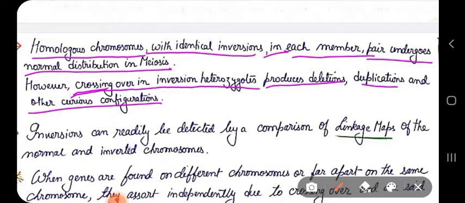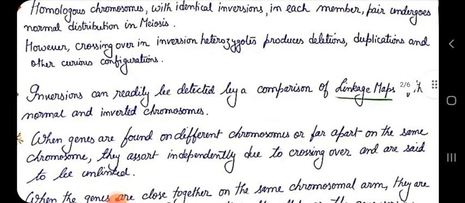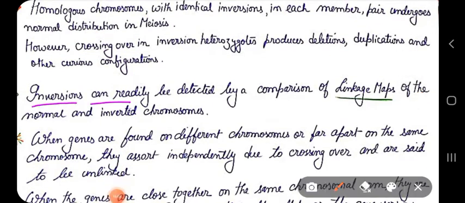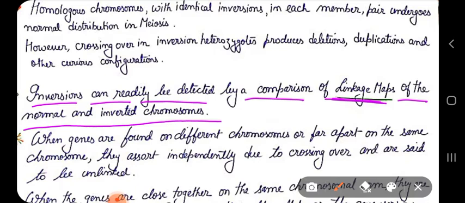Now all these inversions can be readily detected by comparing the linkage maps of normal and inverted chromosomes.